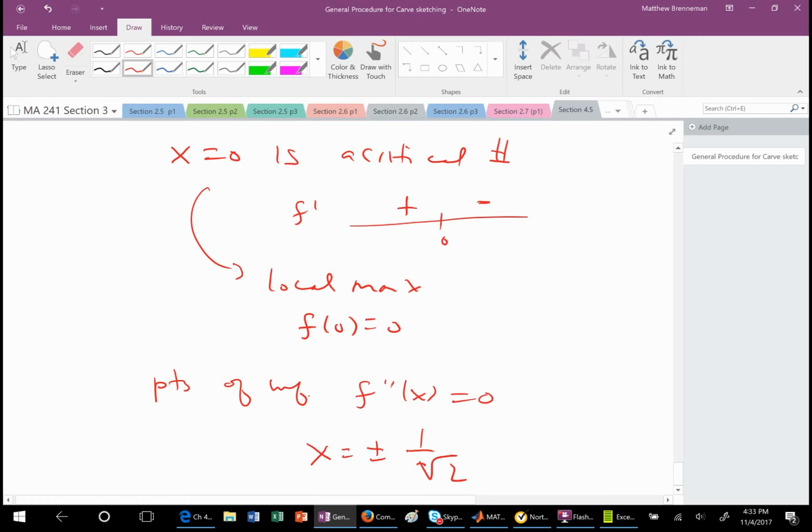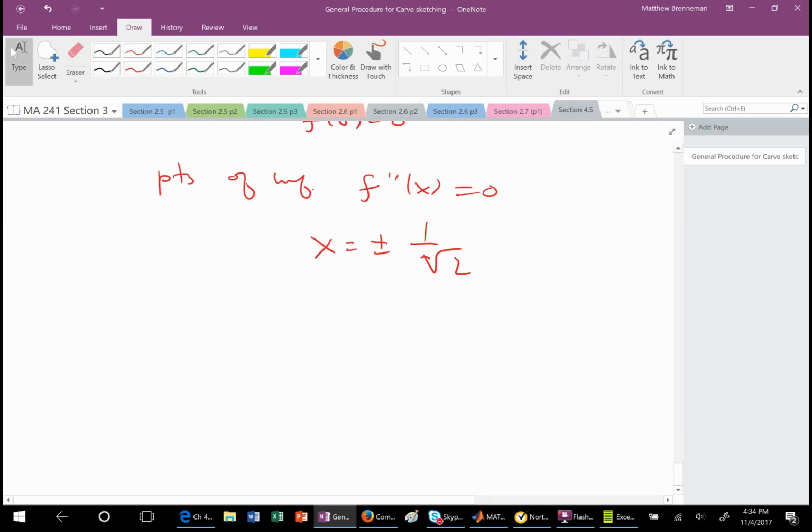And you should find that the second derivative is positive, and then it becomes negative when it reaches the local max, which you kind of know that should happen, right? And then after you go over 0 and start to come down at plus 1 over the square root of 2, the concavity should become positive again.